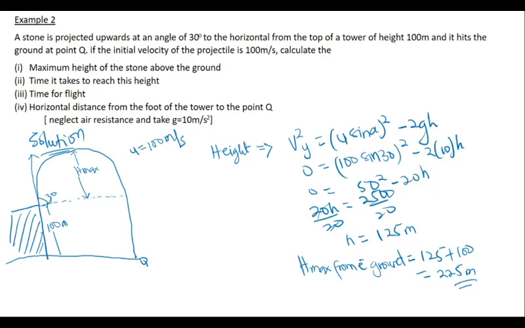Let's look at the second aspect, the time it takes to reach the maximum height. For the time taken to reach the maximum height, we use Vy is equal to U sine alpha minus gt.